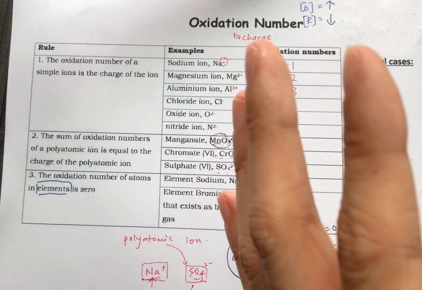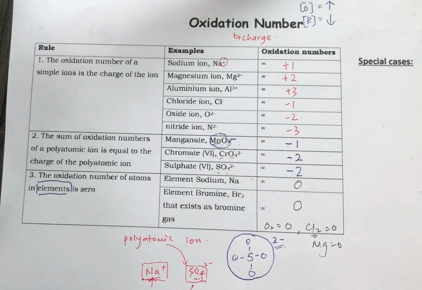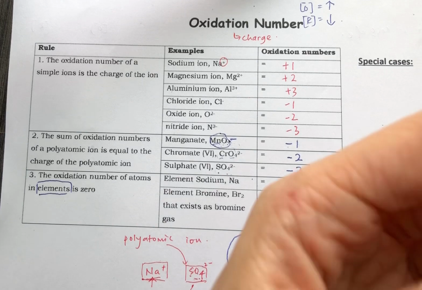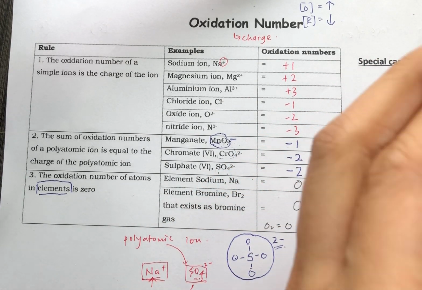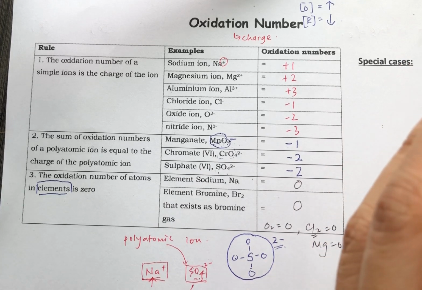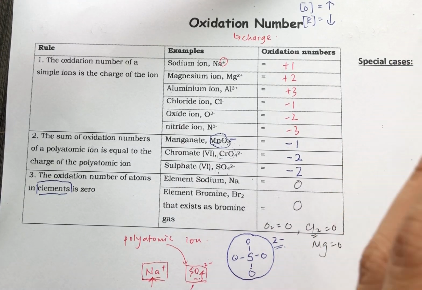Alright, very simple. Now, you know the concept of oxidation number already, and you might also be aware that the oxidation number of most ions is almost constant and never changes.